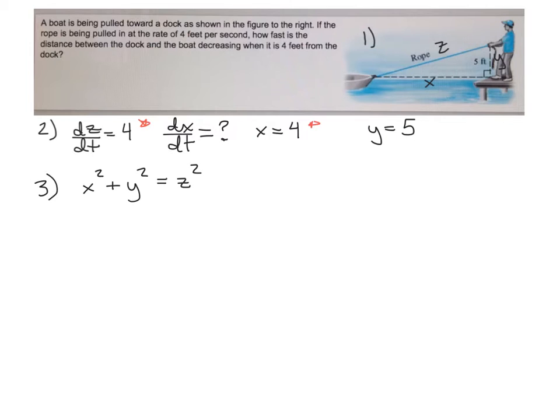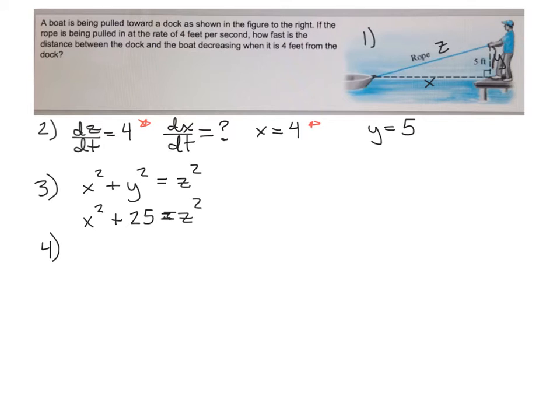And the only thing that is not changing here is that y equals 5. So I can put that into this equation at this point. x squared plus y squared, which is 25, is going to equal z squared. Okay, that is an equal sign right there. All right, so next step is actually to solve this.